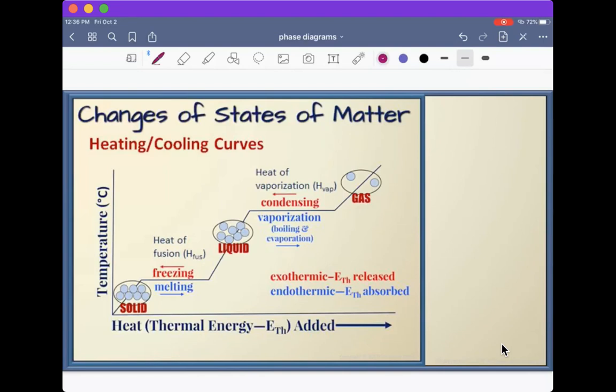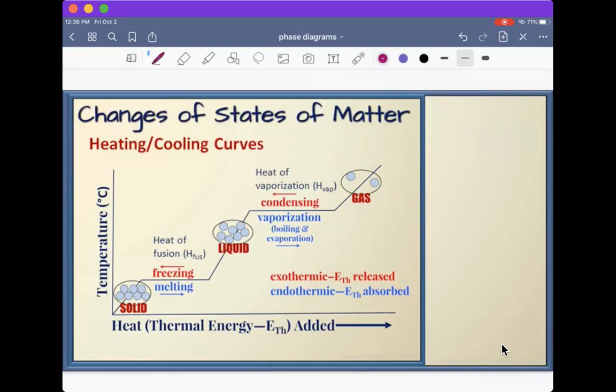And what we found is that no matter what chemical we use, the heating and cooling curves will always have the same shape. They may occur at different temperatures with different heat values, but the shape will always be the same.